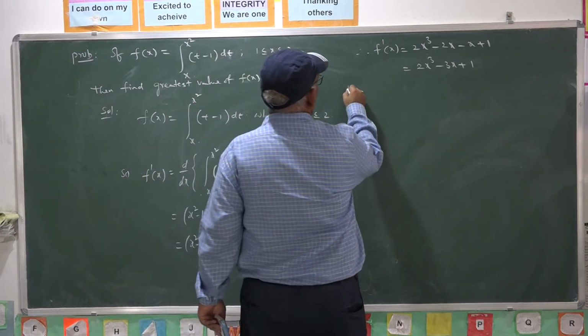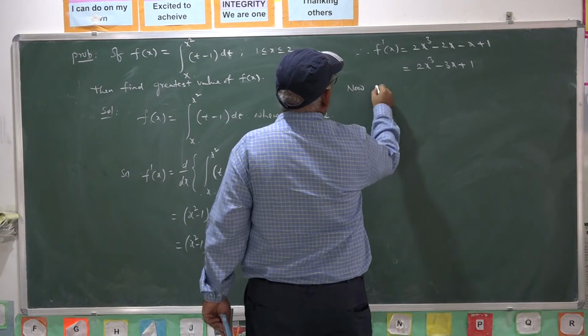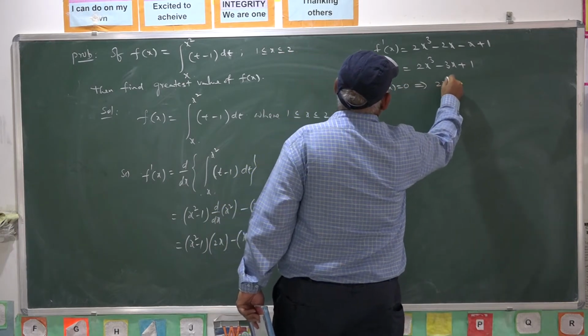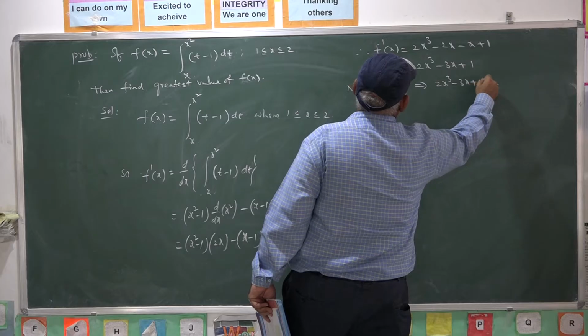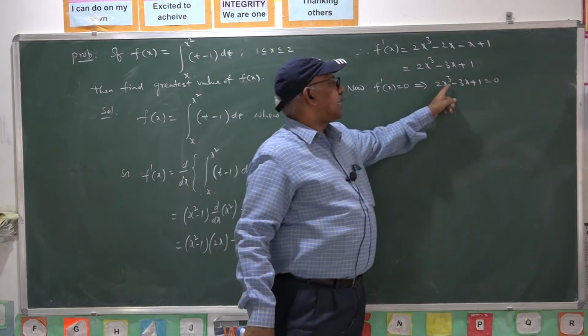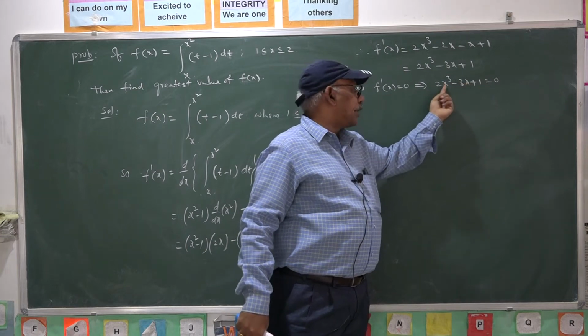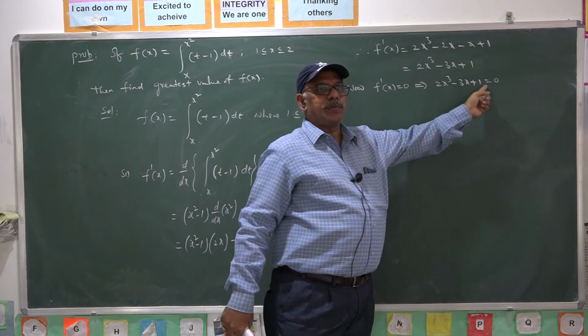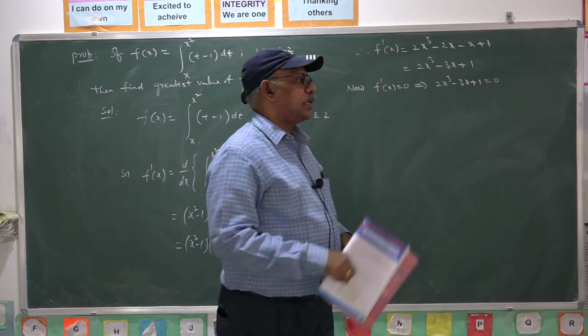Now f dash x equal to 0 implies 2x cube minus 3x plus 1 is 0. Clearly x equal to 1 satisfies this equation, because taking x equal to 1 here, 2 minus 3 plus 1 is 0. It satisfies that one.